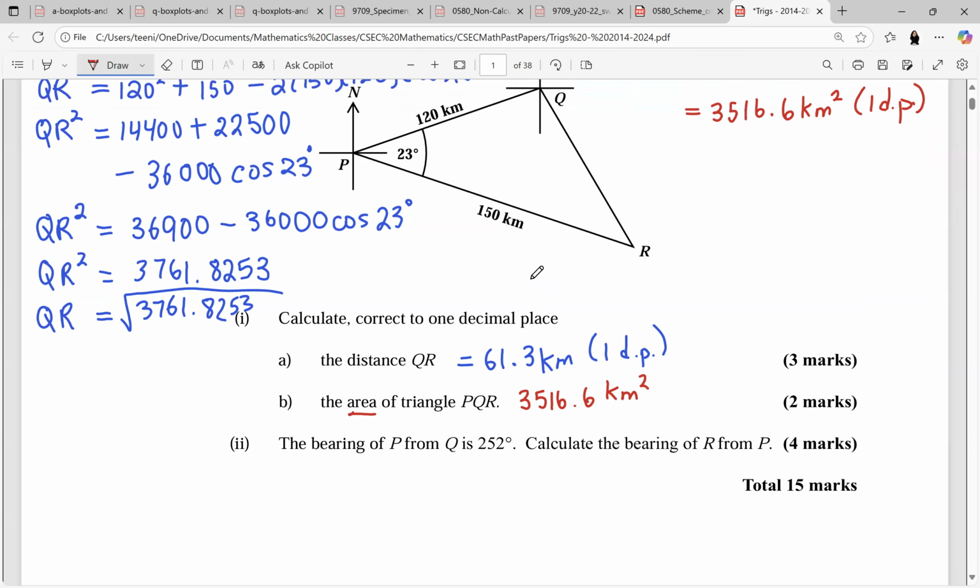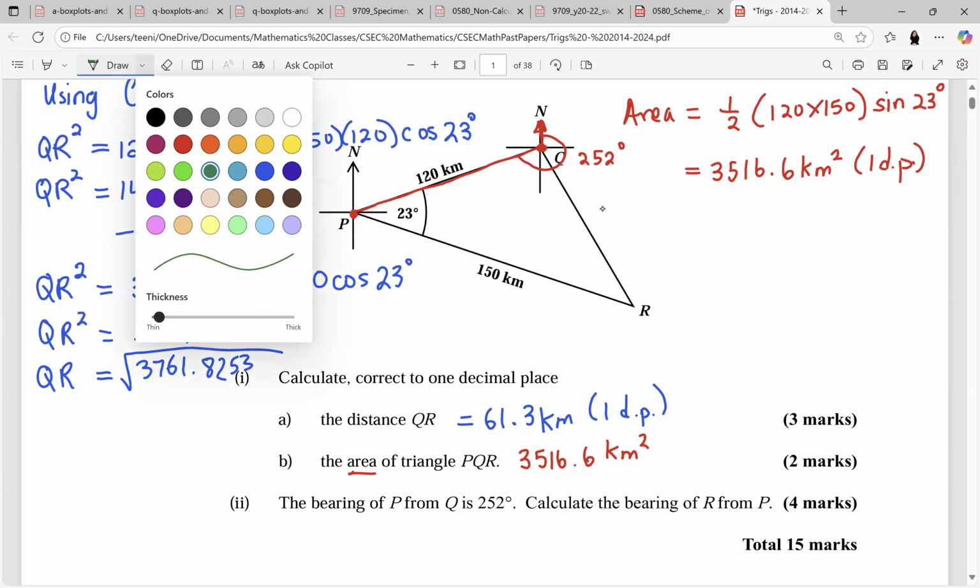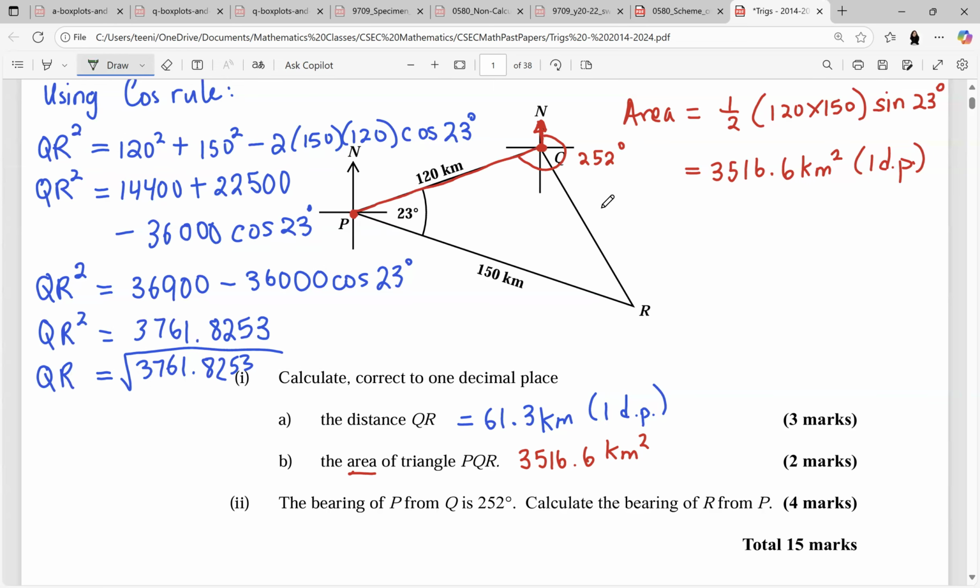So in other words, this is point Q, the starting point, and this is point P. The bearing of P from Q is the angle between the line PQ and the north line at Q. So this whole angle is 252 degrees.